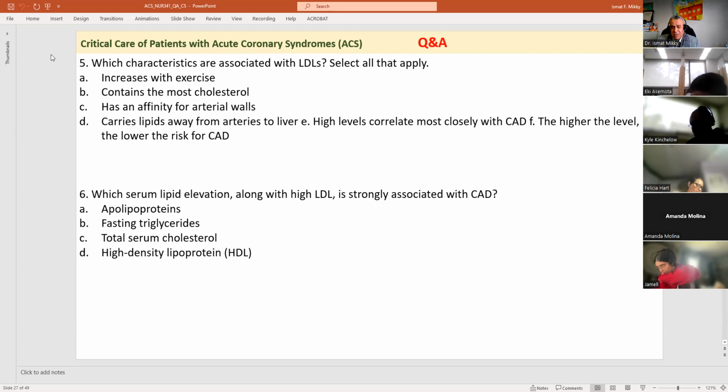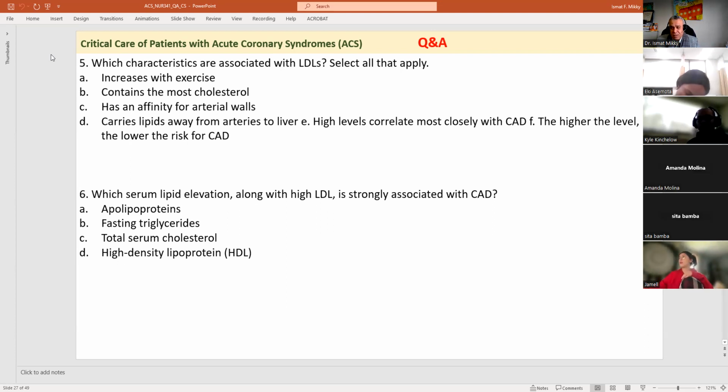So with this description, we can go with B, right? Yes. C. Yeah, the LDL has more affinity for arterial walls and correlates more with CAD and atherosclerosis.